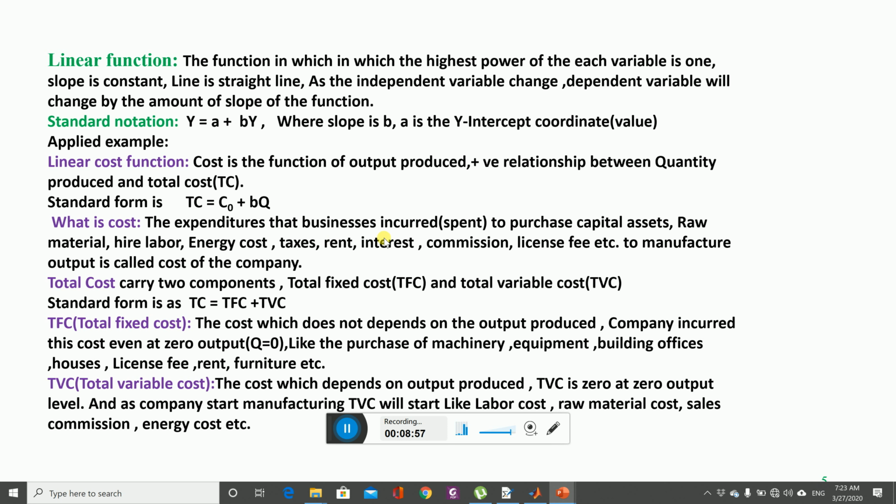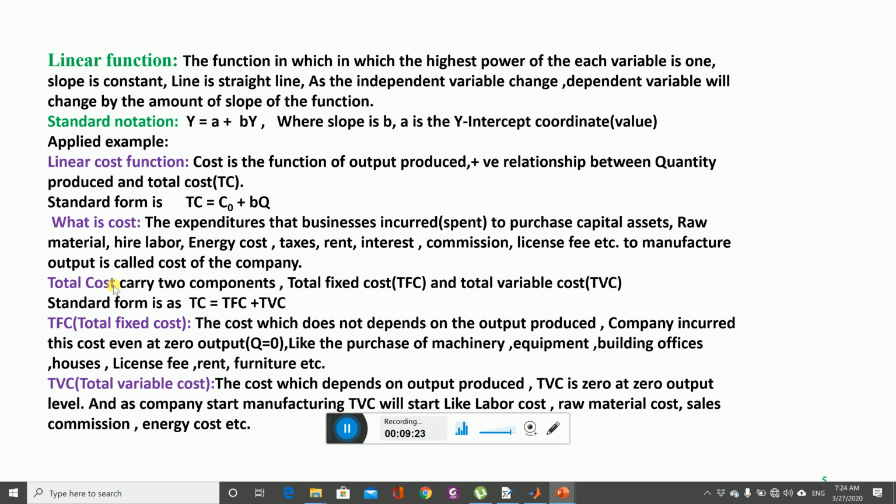So cost is all the expenditures that businesses spend to produce output, and we categorize them: capital assets purchase, raw material purchase, wages, salaries, electricity cost, oil cost, paying taxes.